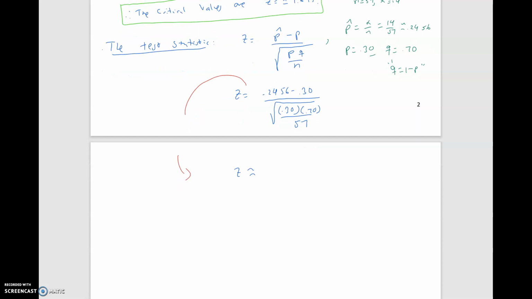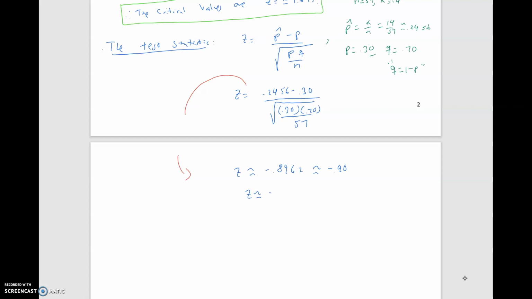Okay, please check if you're getting, and 2 decimal places will be sufficient, negative 0.808962, which I'm just going to round to technically negative 0.90.